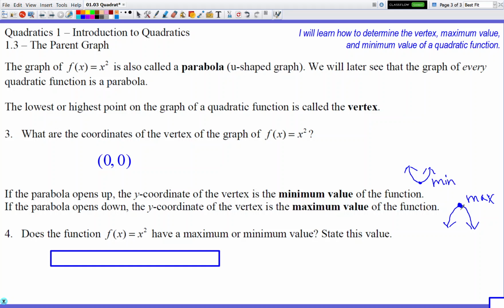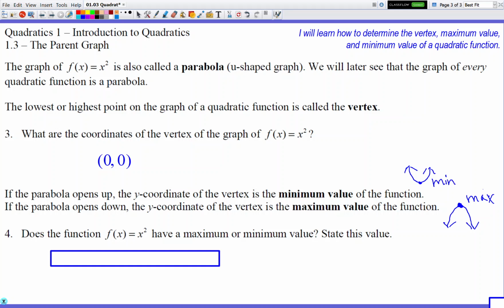When you think of highest point, hopefully you relate that to the word maximum. So highest point, maximum; bottom of the valley, minimum. At the top of the hill, this is the maximum height. There's nothing higher than me, so that's my maximum. So you're going to label that y-coordinate of the vertex as a maximum value.